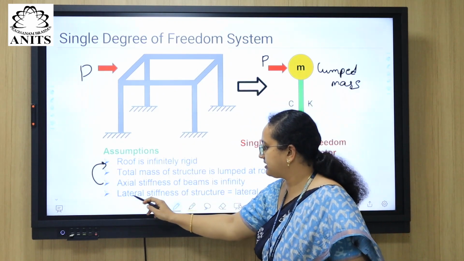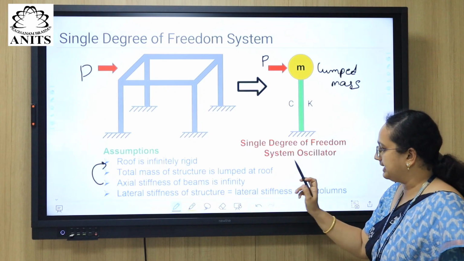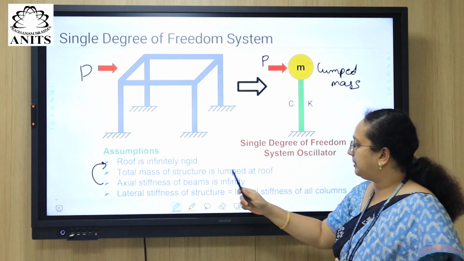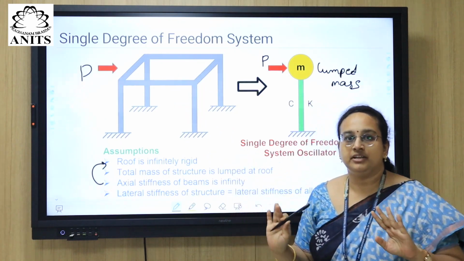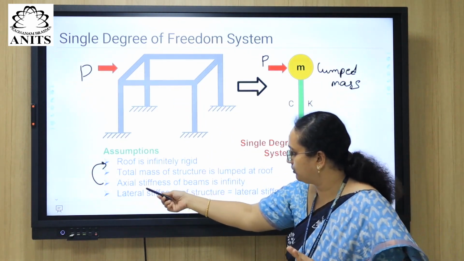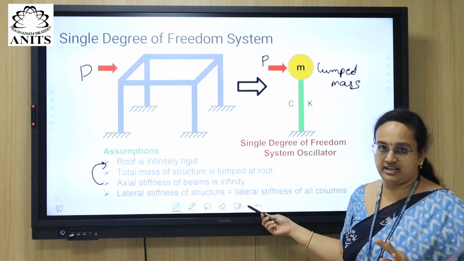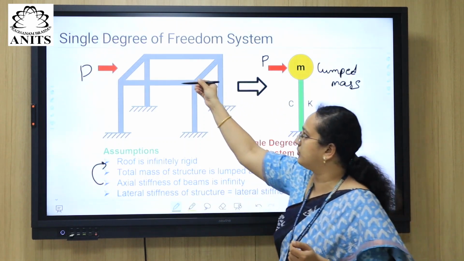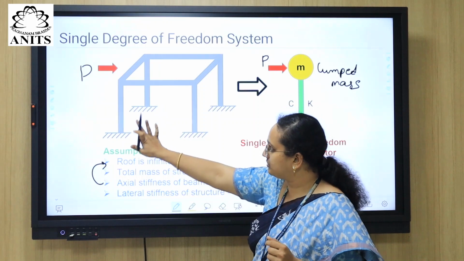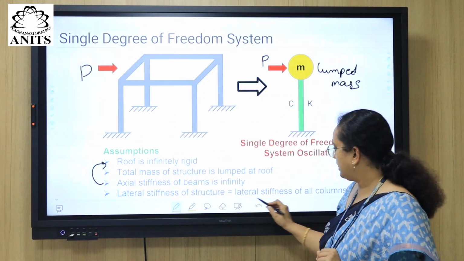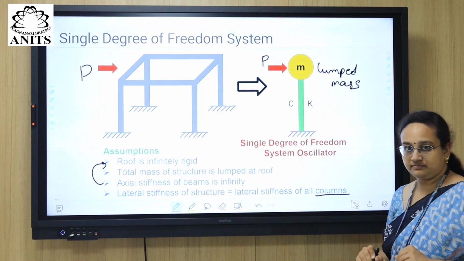Now, the fourth one is lateral stiffness of the structure is equal to lateral stiffness of all the columns. Because beams do not have meaningful stiffness, as it is infinite, that means infinitely rigid. There is nothing going to happen inside this. Now the stiffness of this total system is the responsibility of columns alone.